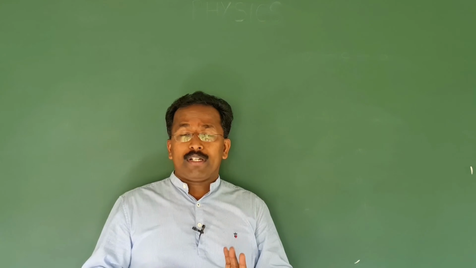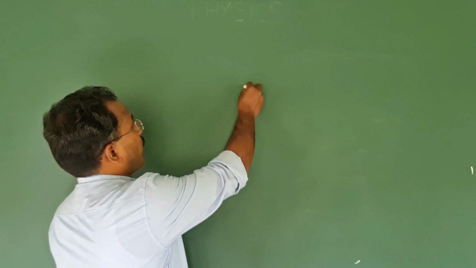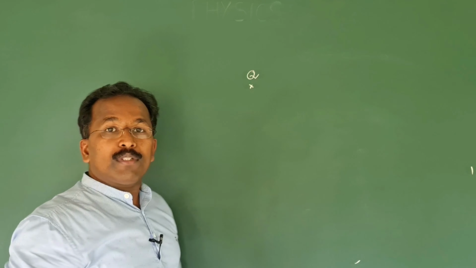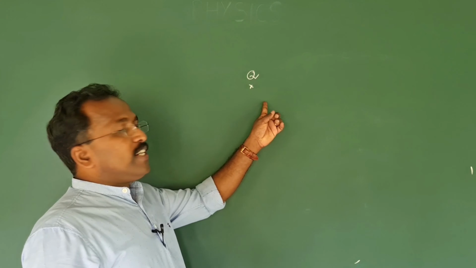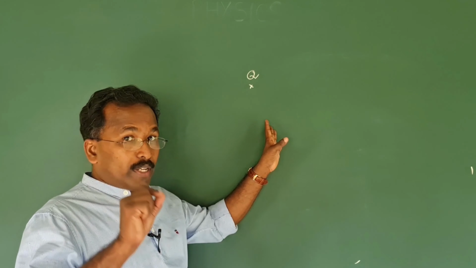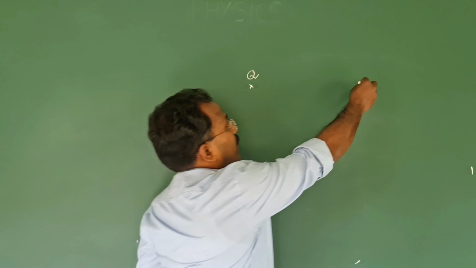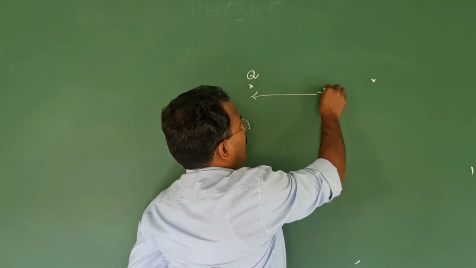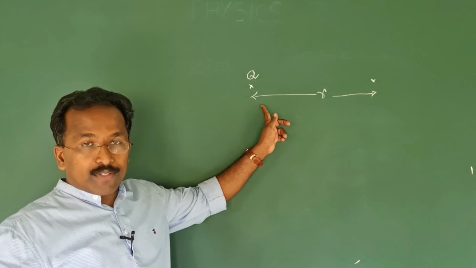Actually you cannot have a point charge, but it's an imagination. Like you have a point charge here, I take its magnitude to be q. We are going to find the electric field due to this point charge in its neighborhood, say at a point here, which is at a distance r from the position of that charge.